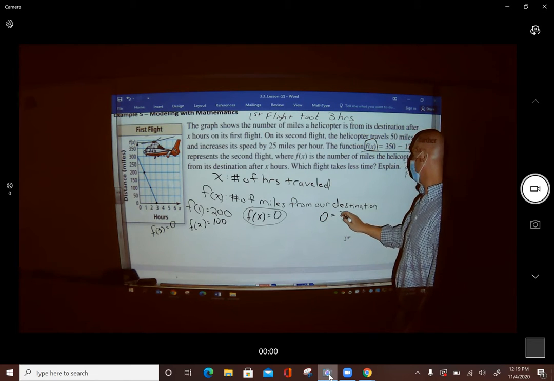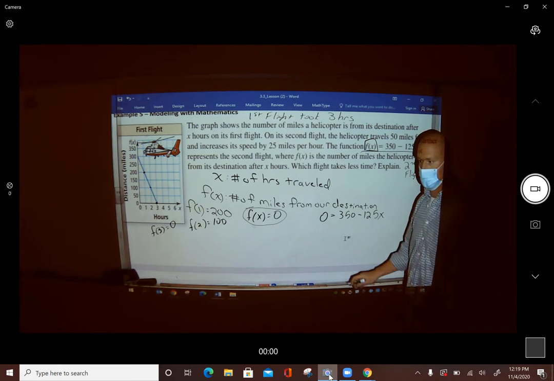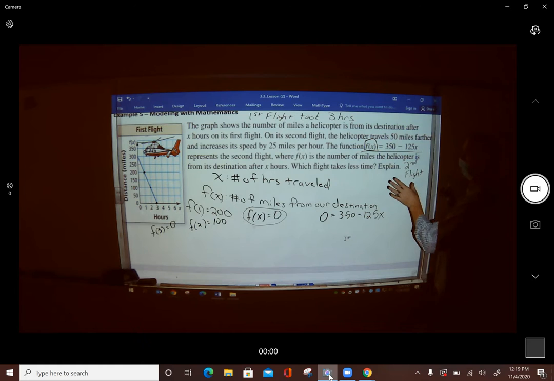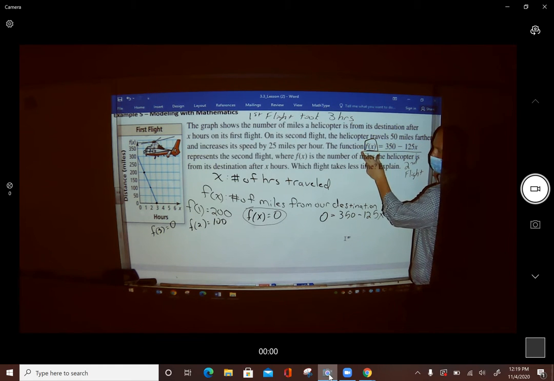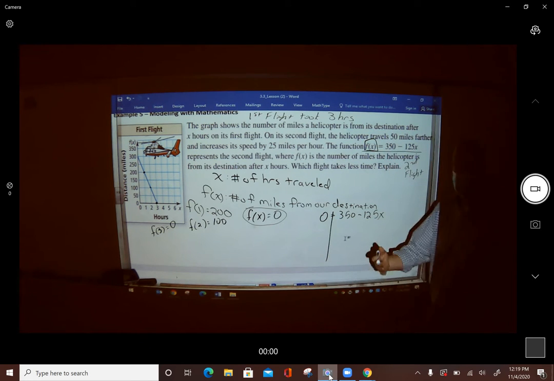0 equals 350 minus 125x. Again, all I'm saying is I arrive at my destination when the distance from my destination is 0. That's when f of x is 0. So I put 0 equals 350 minus 125x. When I solve this, I will have solved for the number of hours it takes to travel on the second trip.